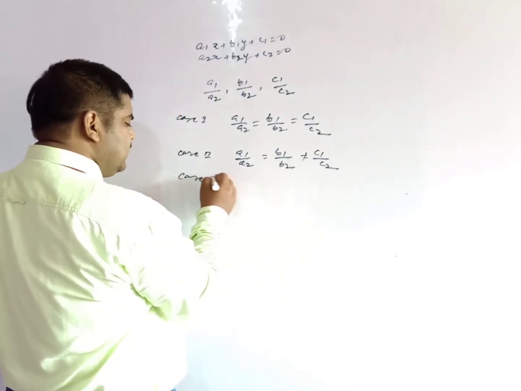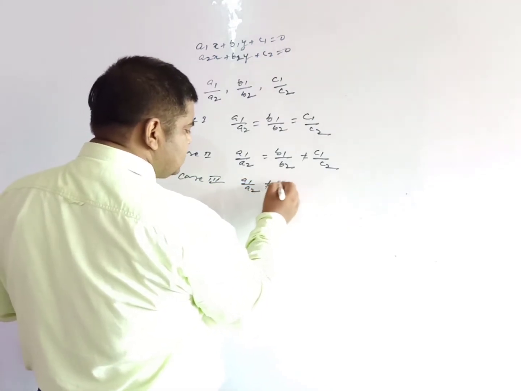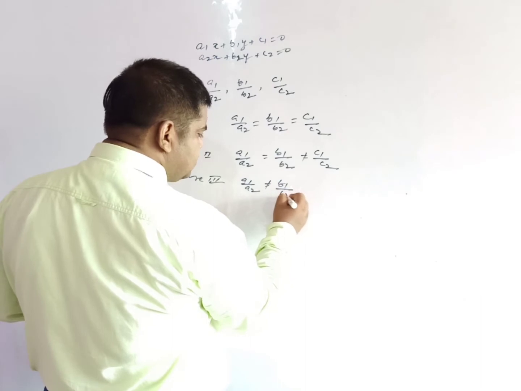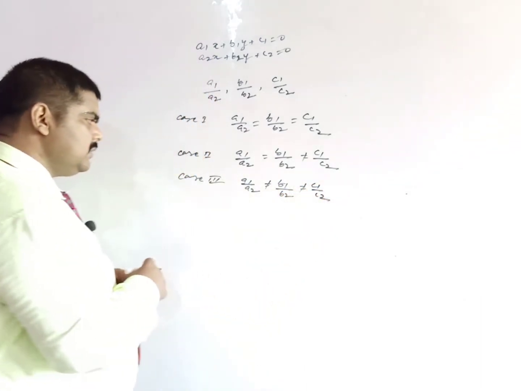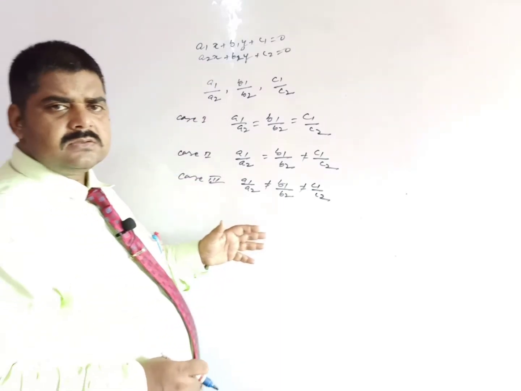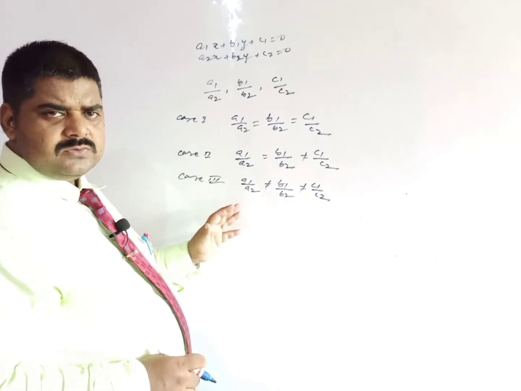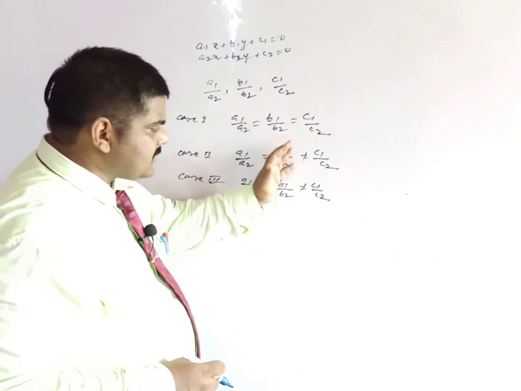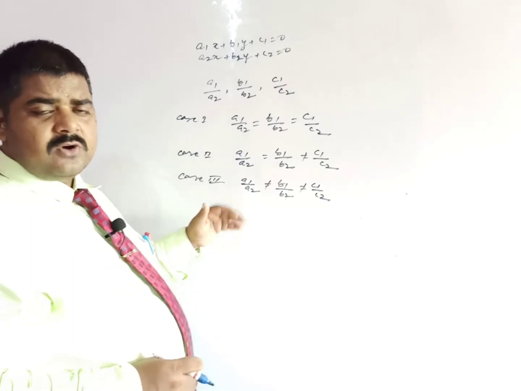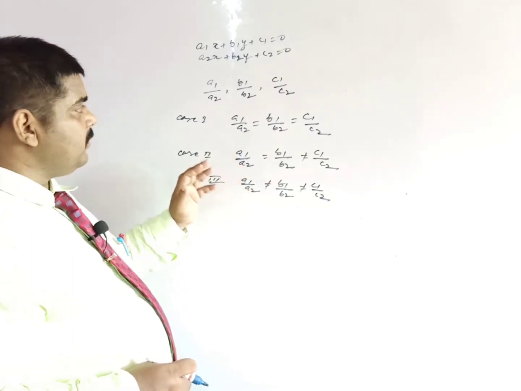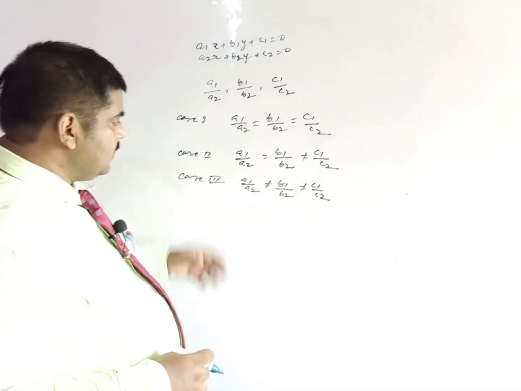And case third: a1 upon a2 does not equal b1 upon b2 does not equal c1 upon c2. You can find out these three relations by taking the ratio of the coefficient of x, the coefficient of y, and the ratio of the constant term.